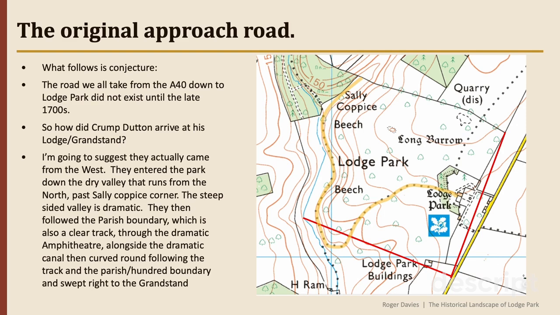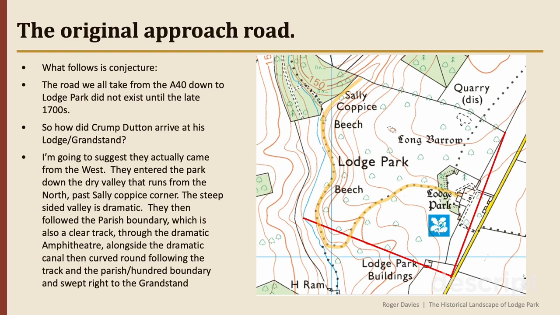I'm suggesting as a conjecture, I can't prove this, that perhaps the approach was made past the Sally Coppice Corner and then down through that magnificent valley that runs roughly north to south, past the canal, through that wonderful amphitheatre that sits by the L of Lodge Park on that image, and then follow the parish boundary round up and straight into what is now the back end of Lodge Park.